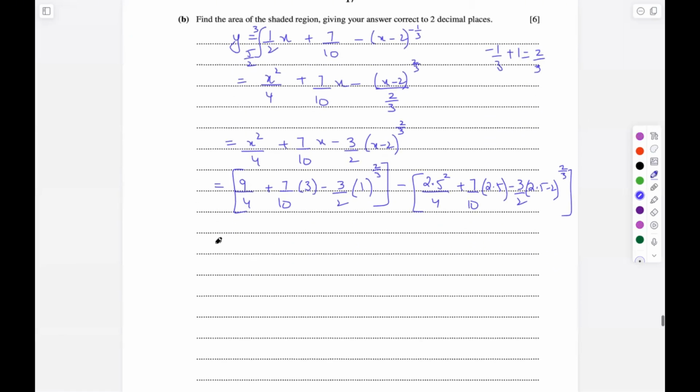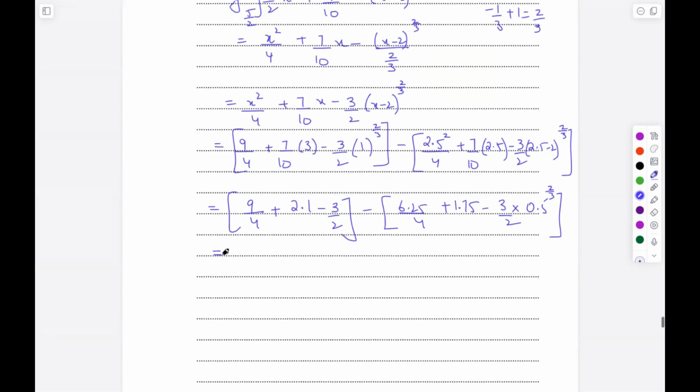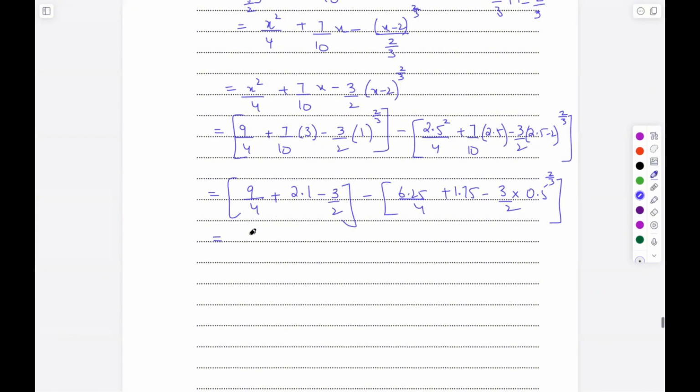Substituting these values in the calculator, this will become 9/4 + 2.1 − 3/2 minus 6.25/4 + 1.75 − 3/2 into 0.5 to the power 2/3. Subtracting the values in the calculator, the area under the curve will be 0.48.